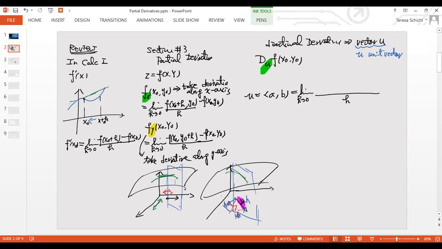So when you go in the u direction, what you're really doing is x0 plus ah and y0 plus bh, then you minus f of x0, y0. This is how we define the directional derivative. That means I am going to take the derivative along this specific path of the vector.